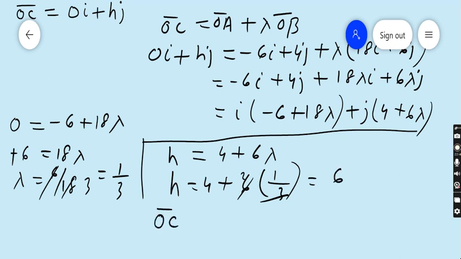Hence the position vector of OC is 0i plus hj, h we have found 6, so 0i plus 6j, or you can just write 6j, it is the same. So this is a very important question and very easy from the examination point of view.